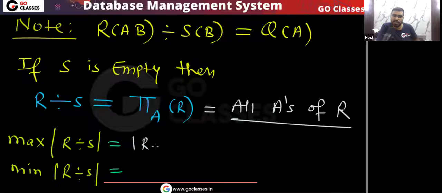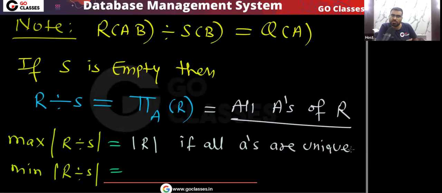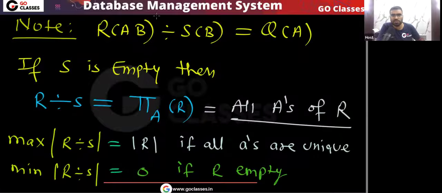Then the answer will be cardinality of R, if all A's are unique. Do you agree? What is the minimum? If R is empty, then you can get 0.